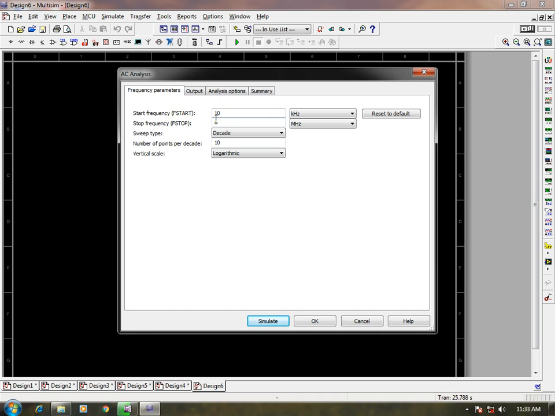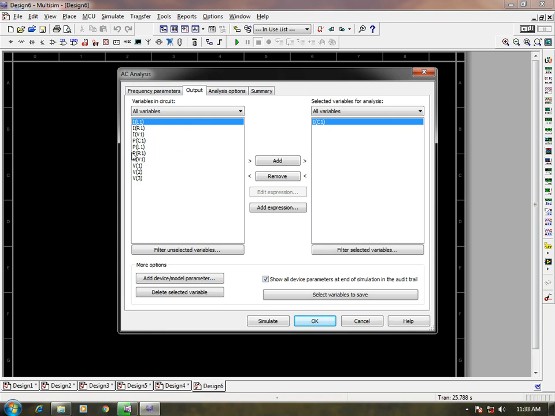I am going to take 10 kilohertz to 1 megahertz. Sweep type is decade, vertical scale is logarithmic, rather I take it linear. Output variable is the current through R1 resistance. Add this one, remove IC1, and then simulate it.